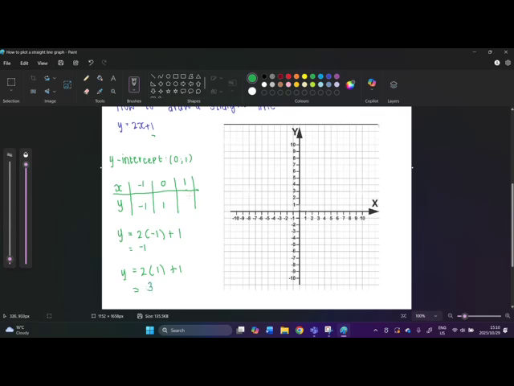So you basically just pick a few numbers and you see that we now have coordinates.